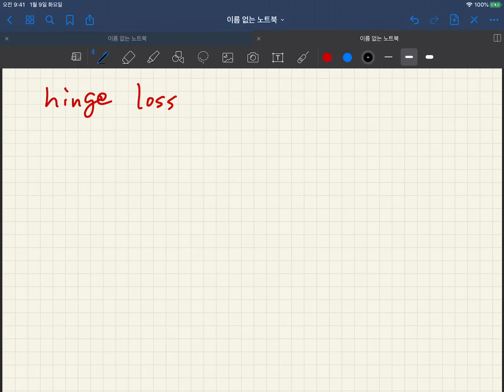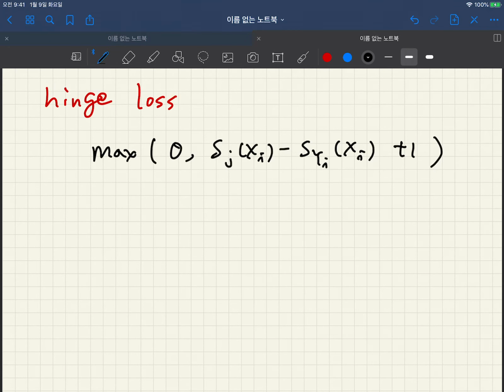Here the loss function is the max of 0 and the score value Sj(xi) minus the score value of the true label S_yi(xi) plus 1, and we sum over all indices j which are not equal to the true label yi.